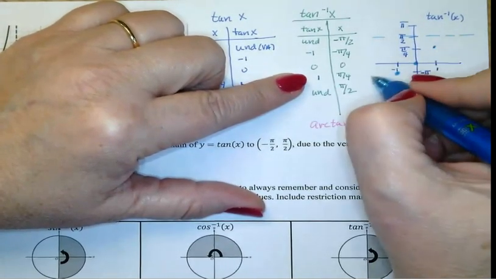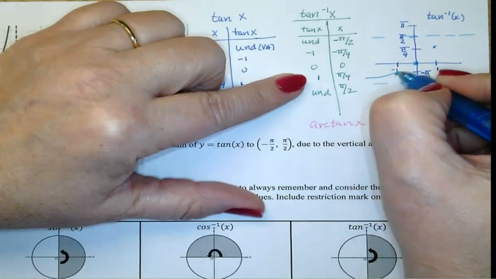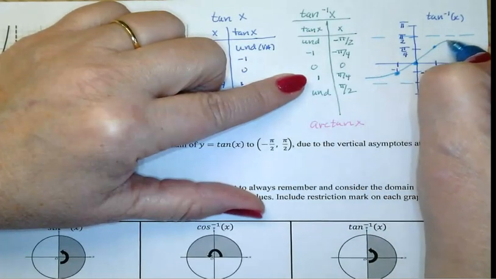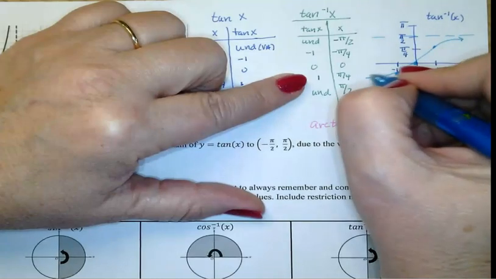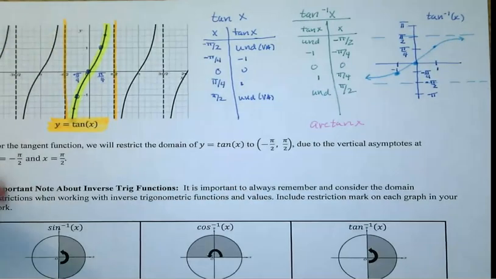And so, unlike the other ones, this is going to wiggle up, but technically it can go on forever in this direction and this direction, getting closer and closer to those horizontal asymptotes. So this one looks a little different when we're restricting everything and making sure that it's all lining up.